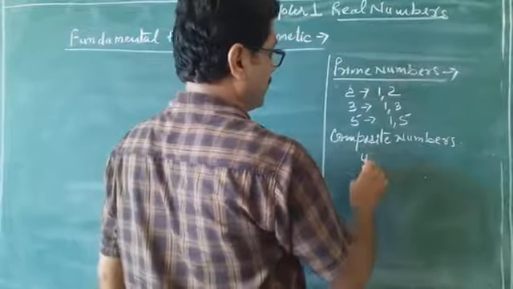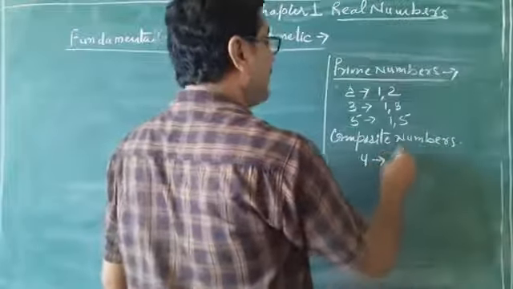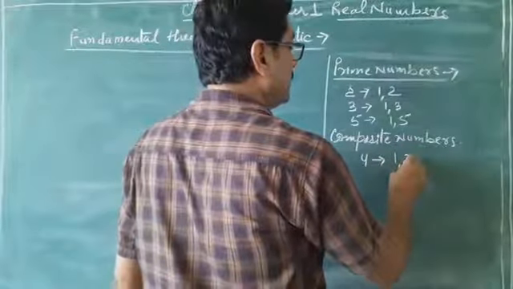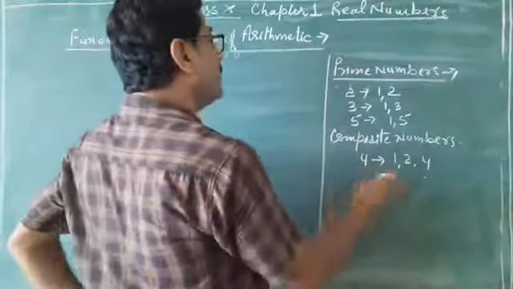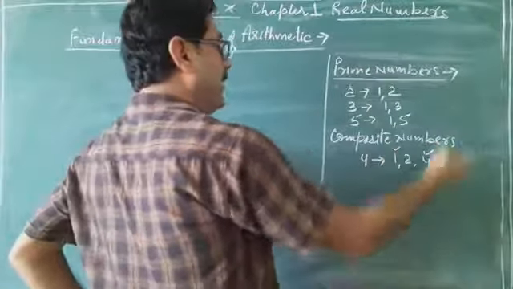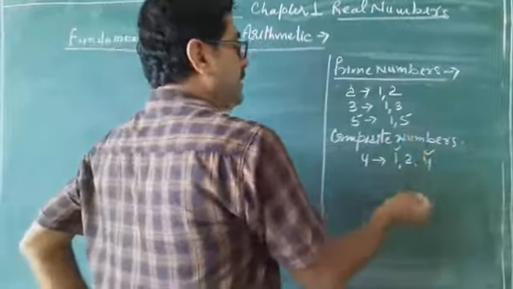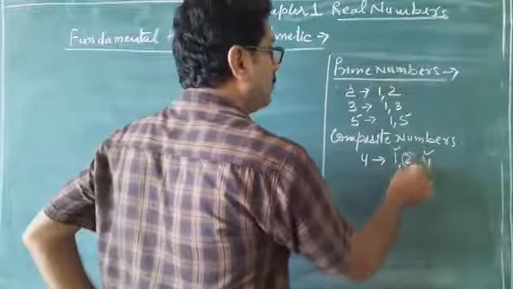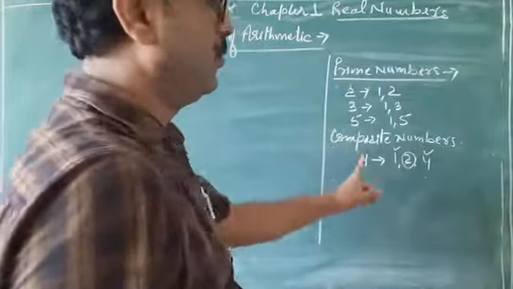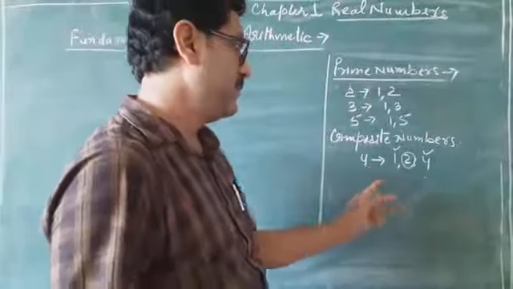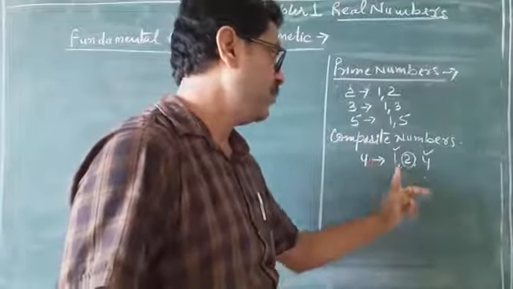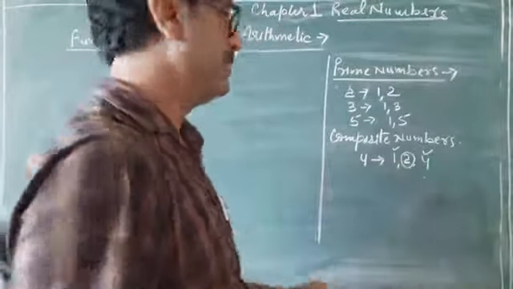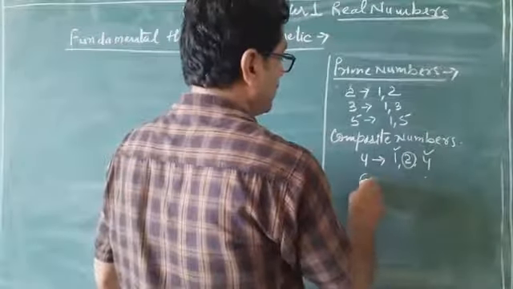As 4. So 4 is divisible by 1 and itself, 4, and except 1 and itself, it is also divisible by 2. So 4 has more than 2 factors. Suppose 6.